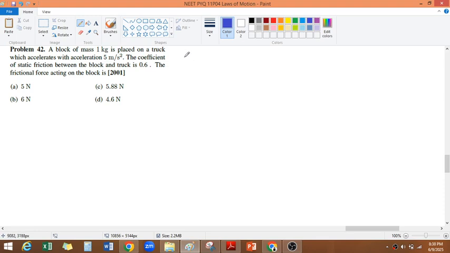Okay, the concept here, I think we talked about this earlier. So very important. As I always say, making a simple drawing is very important. So that's your lorry or truck, and let's say there is a small mass, 1 kg mass.